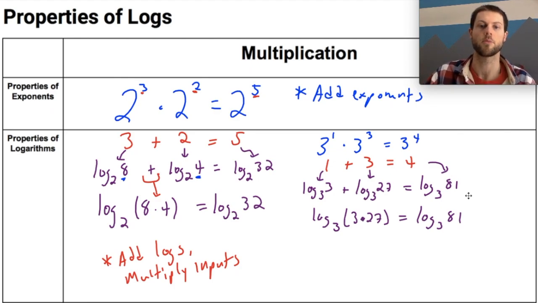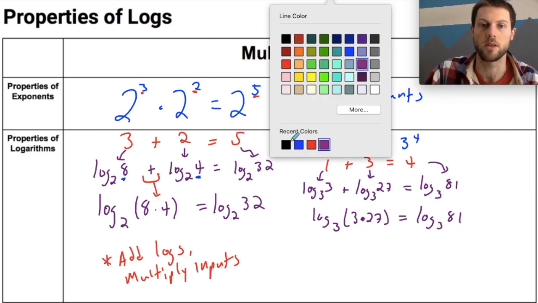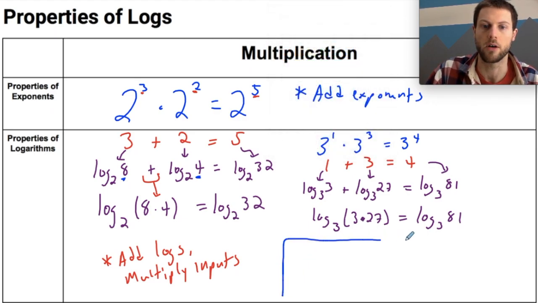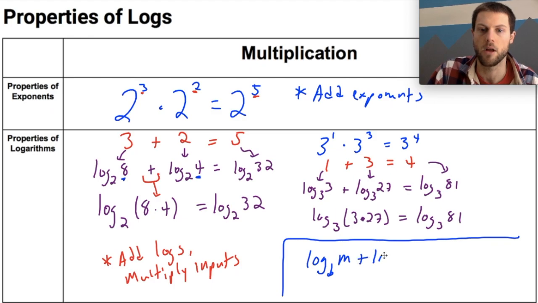So to generalize this, let me put a big rubber stamp on this and say this is our property of logs. This is a rule. Let's put this in blue here. Here's my general log property. If I have some log base b of m plus some log base b of n, that is equal to one log, same base, of the product m times n.